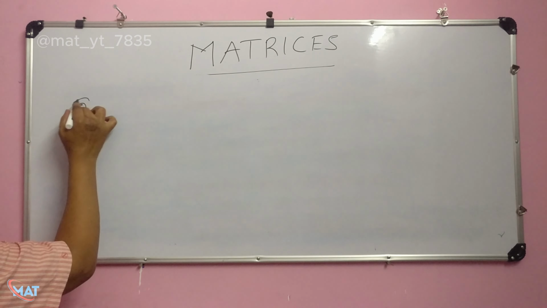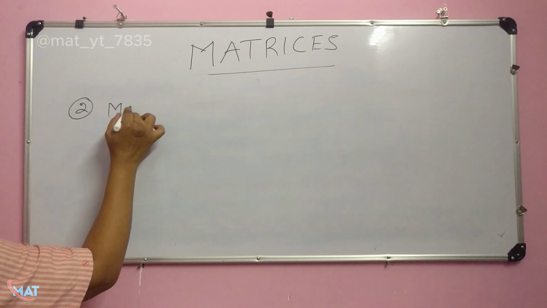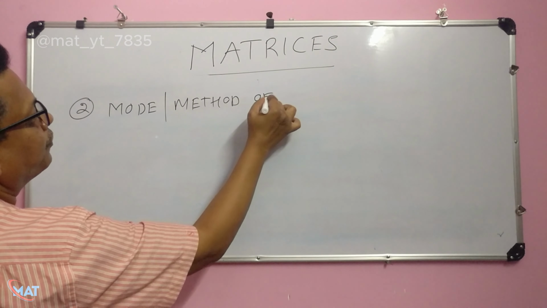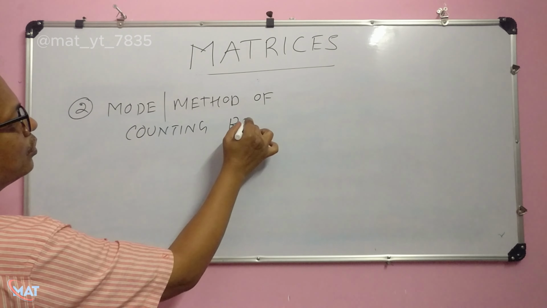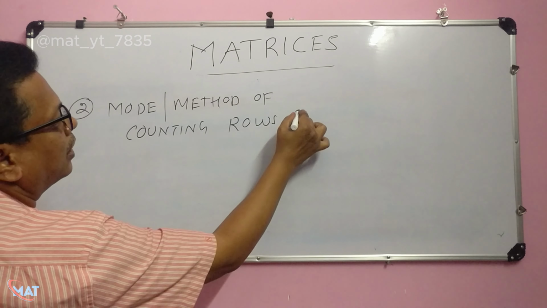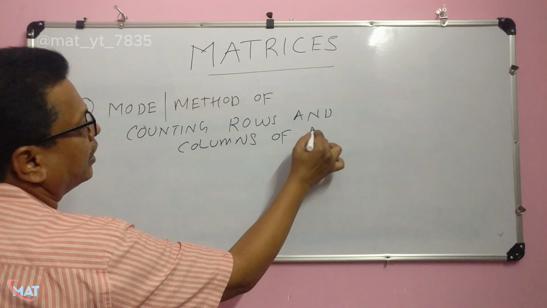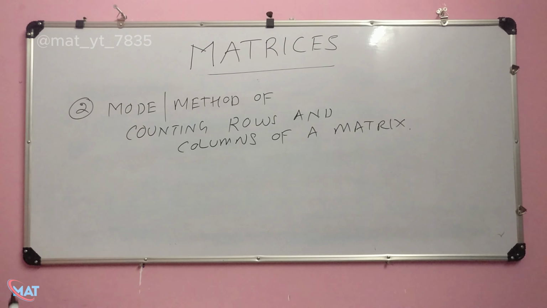So the second one is the mode or method of counting rows and columns of a matrix. This is already covered in the example only.